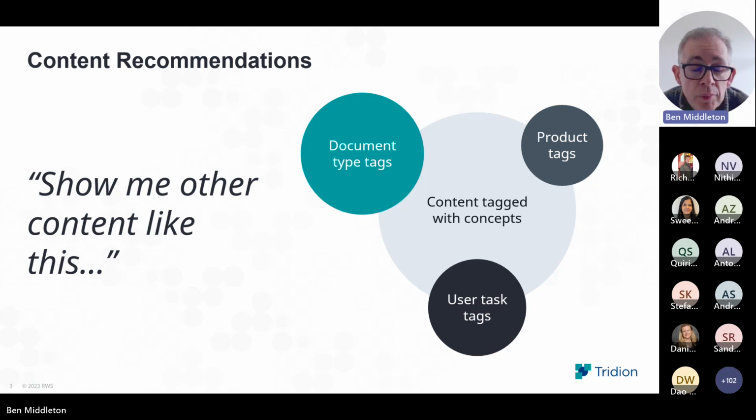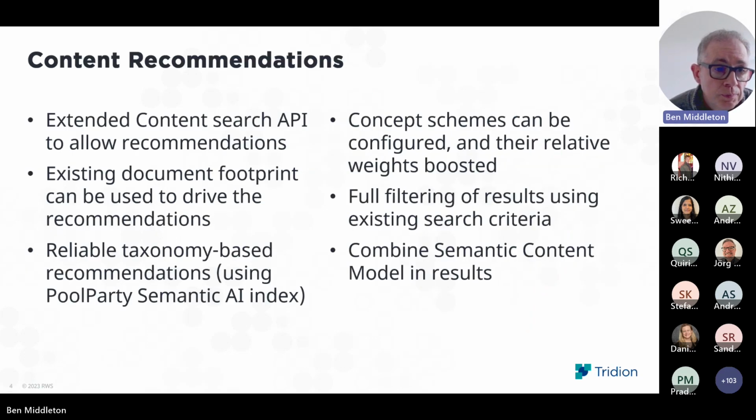In our case, we've already put the investment into using content editors and knowledge managers to tag their content effectively, using some of the features of taxonomy space, which is supported by PoolParty, which has its own AI underneath. And based upon that, we're building up a body of content that we know has good quality tags associated with it. So our content recommendations is very much based upon the fact that we have this well-tagged set of content, and how do we then expose that to end users.